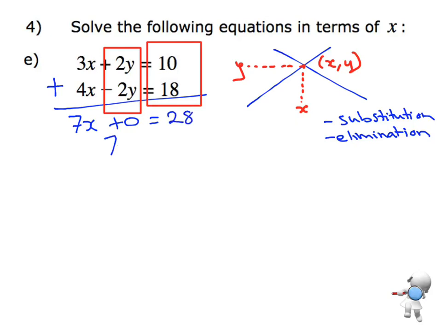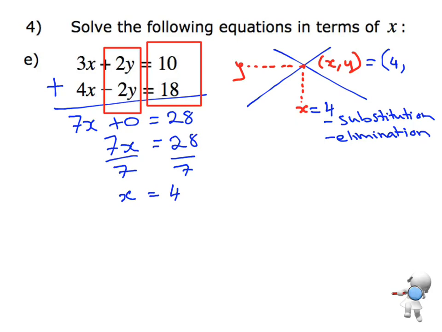So what I've really got, because the plus 0 can go away, is 7x equals 28. Now I need to divide both sides by 7, and that gives me x equals, now 28 divided by 7 is 4. I've just found x equals 4, the first part of my coordinate point.